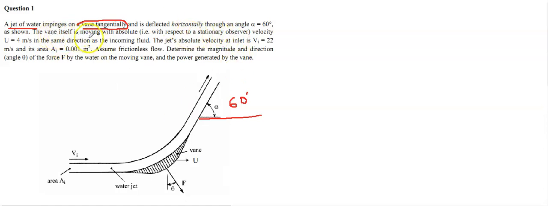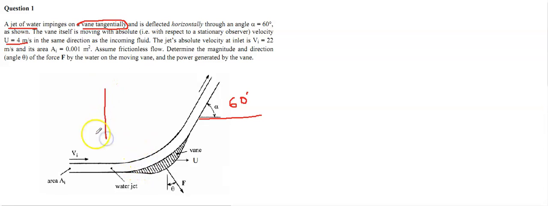Anyways, the vane itself is moving with absolute velocity, which is 4 meters per second. So this is the vane absolute velocity in the same direction as the incoming fluid. The fluid is coming this way, so this is the same direction.